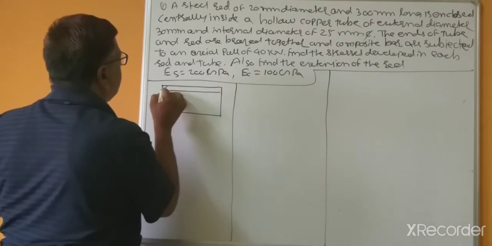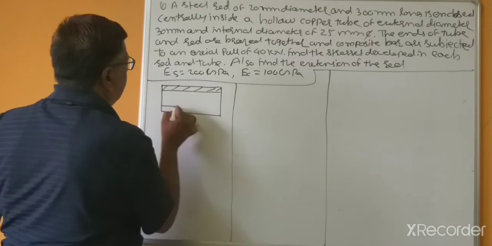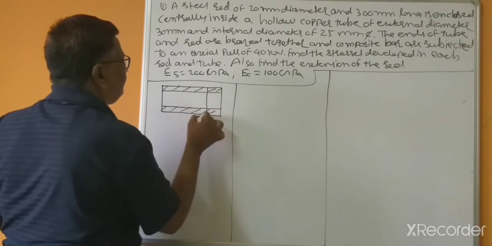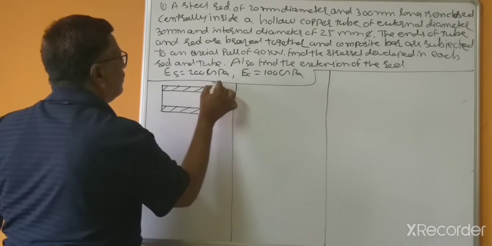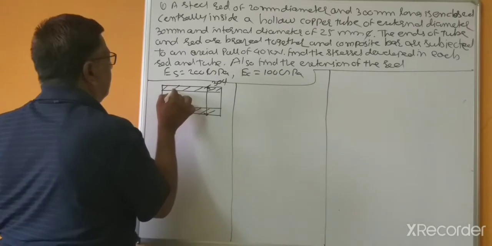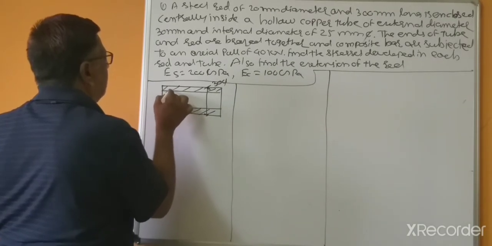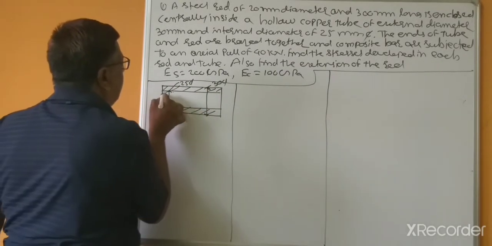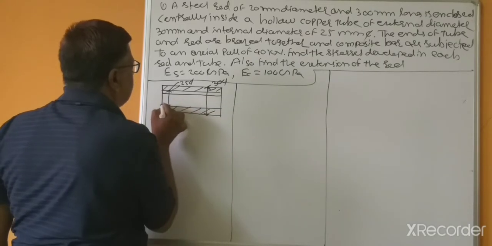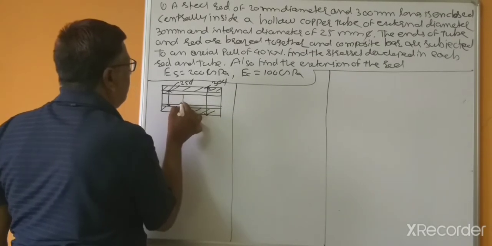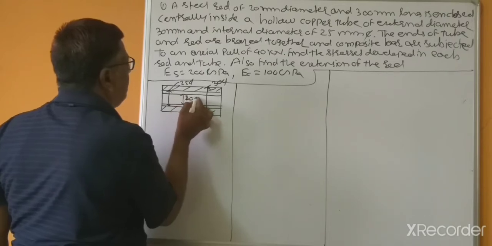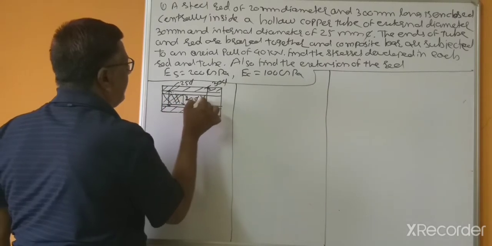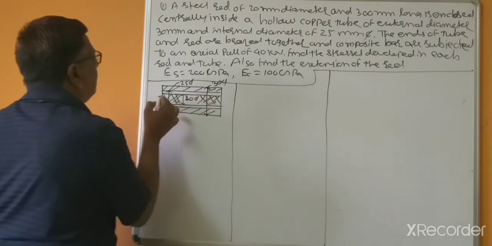Suppose this is a copper tube, external diameter 30 and internal diameter 25, and another, the steel rod, with diameter 20.